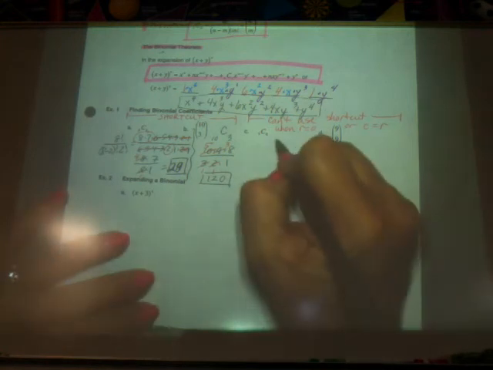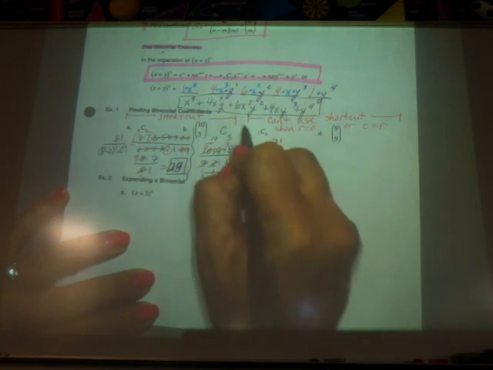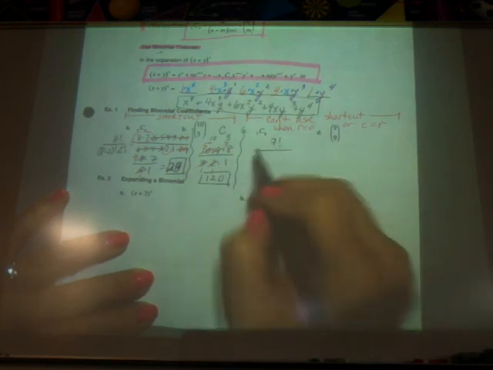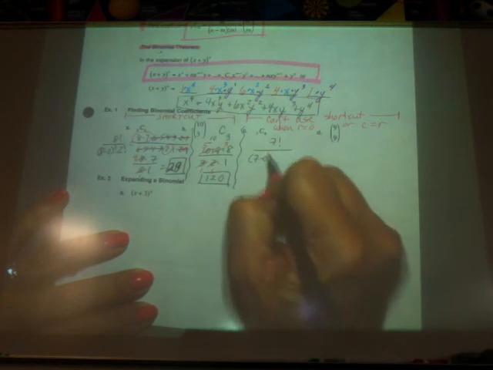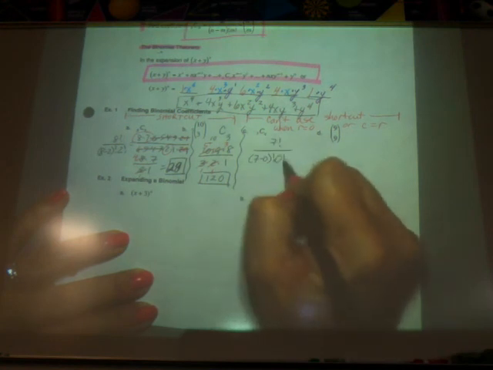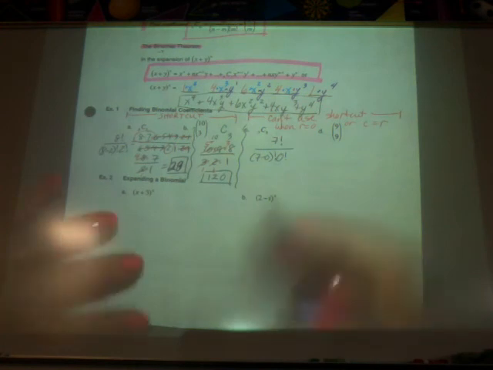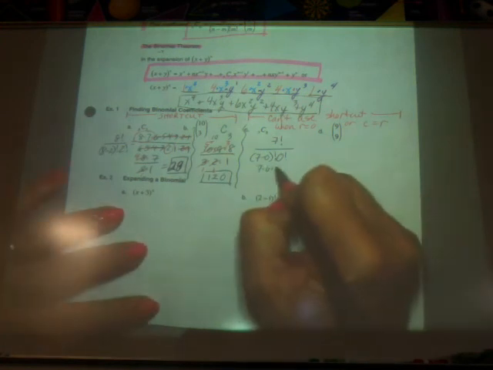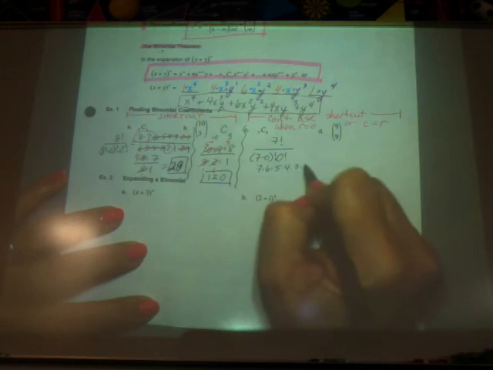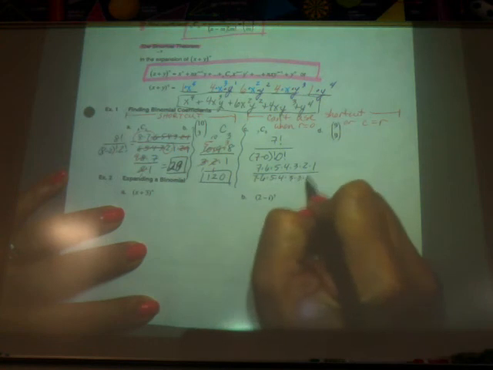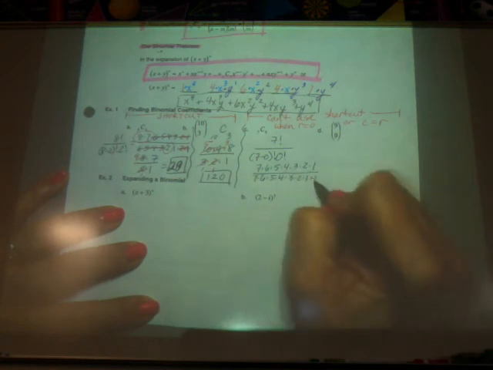So this would be 7 factorial over 7 minus 0 factorial, and then 0 factorial. Do you know what 0 factorial equals? 1. And so we have 7, 6, 5, 4, 3, 2, 1 over 7, 6, 5, 4, 3, 2, 1 times 1.